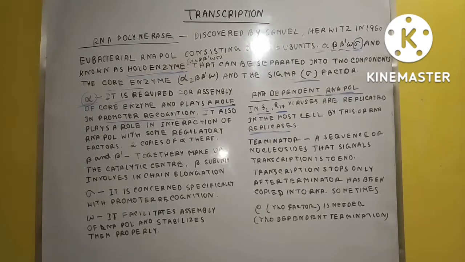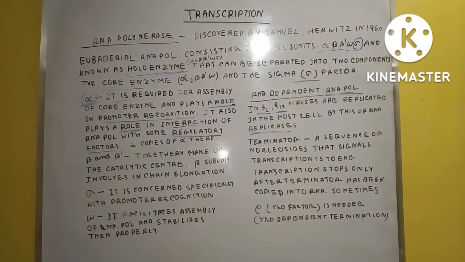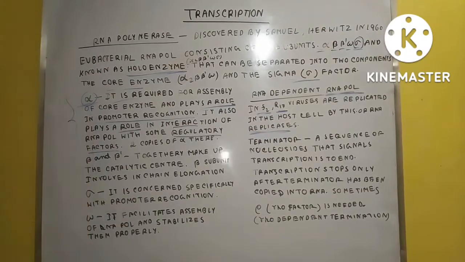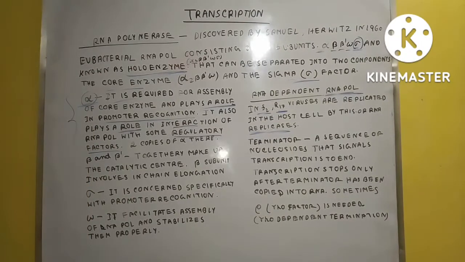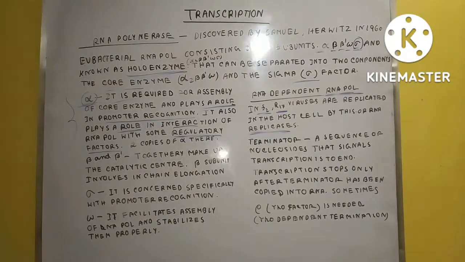Sometimes it also plays another role in the interaction of the RNA polymerase with some other regulatory factors. So the role of alpha is, first, it helps to recognize the promoter region, and second, sometimes it helps to interact with the regulatory factor and the RNA polymerase.